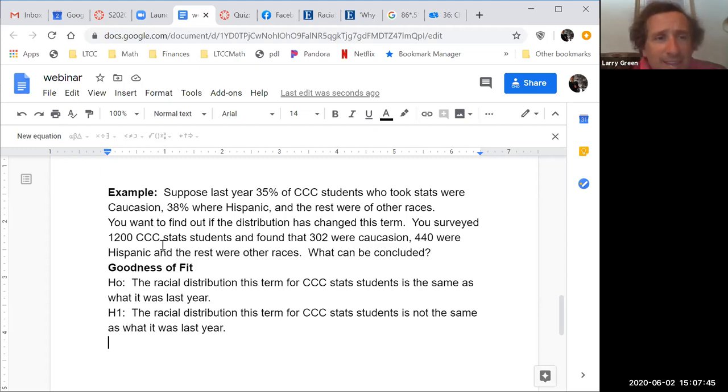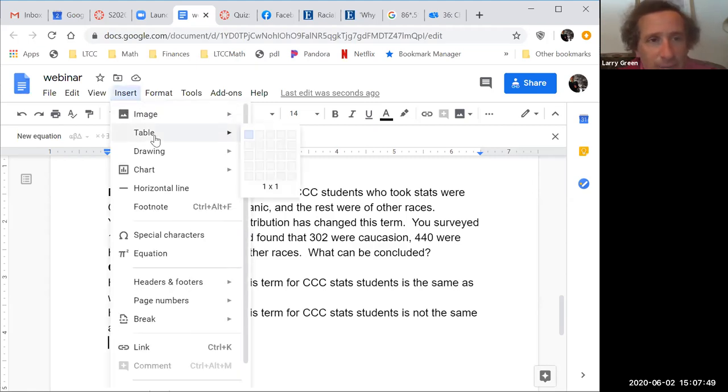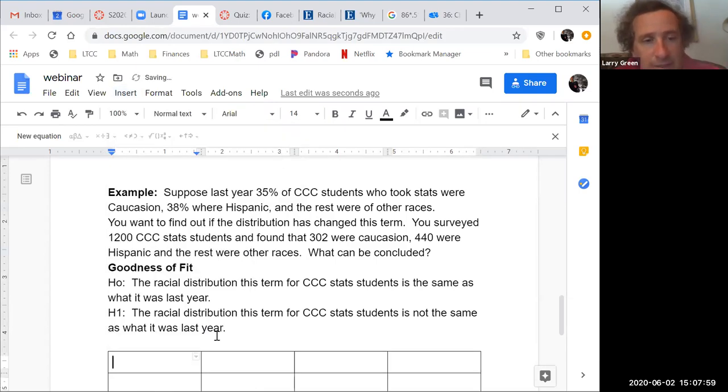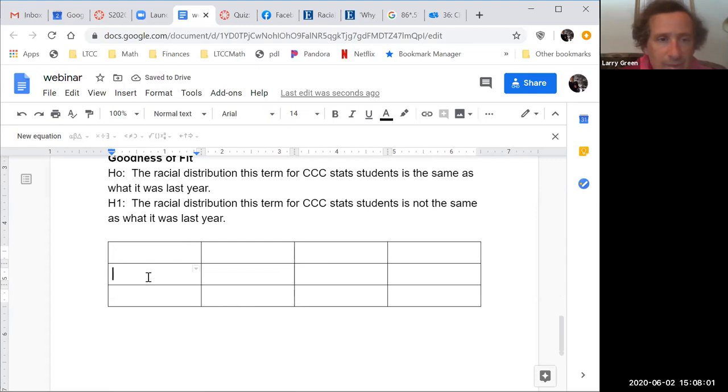Okay, then the next thing we're going to do, just like we did before, is we're going to create a table. And we had 3 races. So I am going to do an observed and expected. Sometimes you do O and E, by the way. So I'll do it that way.